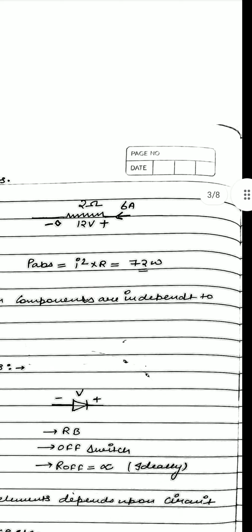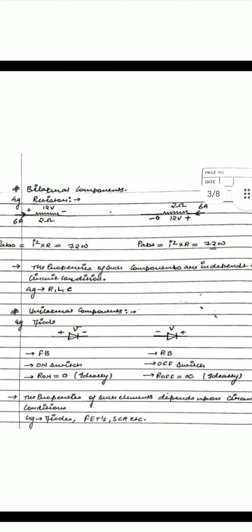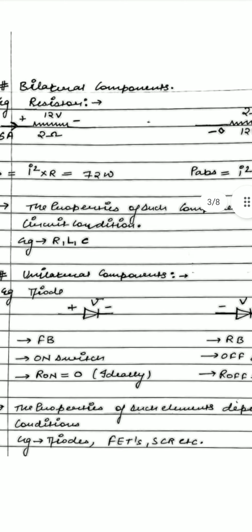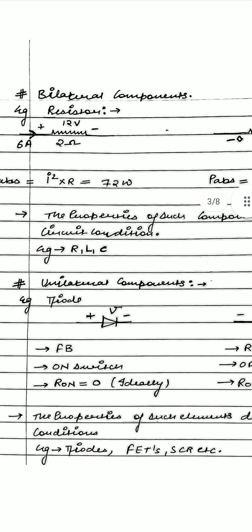Similarly, in the second case, let's say current is entering from the right side to the left side. So power absorbed is nothing but I square into R, which is again 72 watts. So the properties of such components are independent of circuit condition.